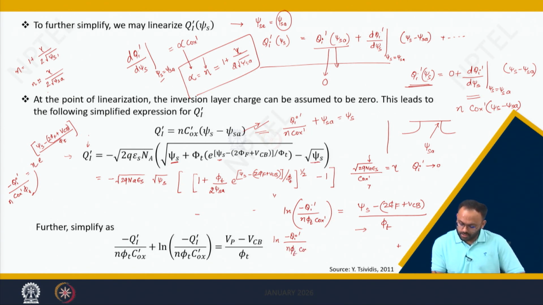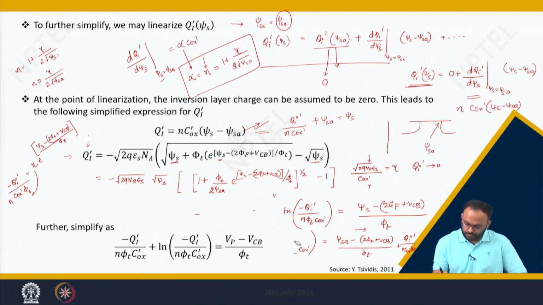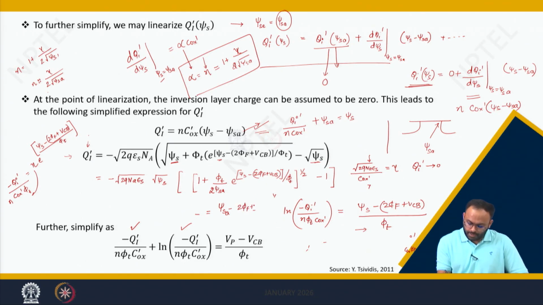So this is phi t Cox dash is equals to this psi s, which is nothing but psi s a minus 2 phi f plus VCB over phi t, and you will get another term Qi dash by n into Cox dash into phi t. You take this term at this side and ultimately you will be left with this term plus this term is equals to psi s a minus 2 phi f plus VCB over phi t.